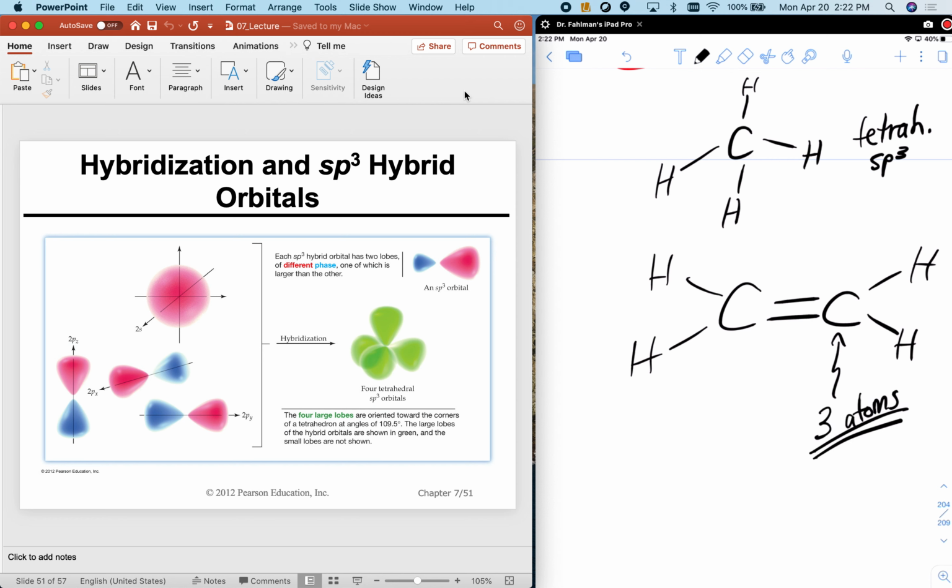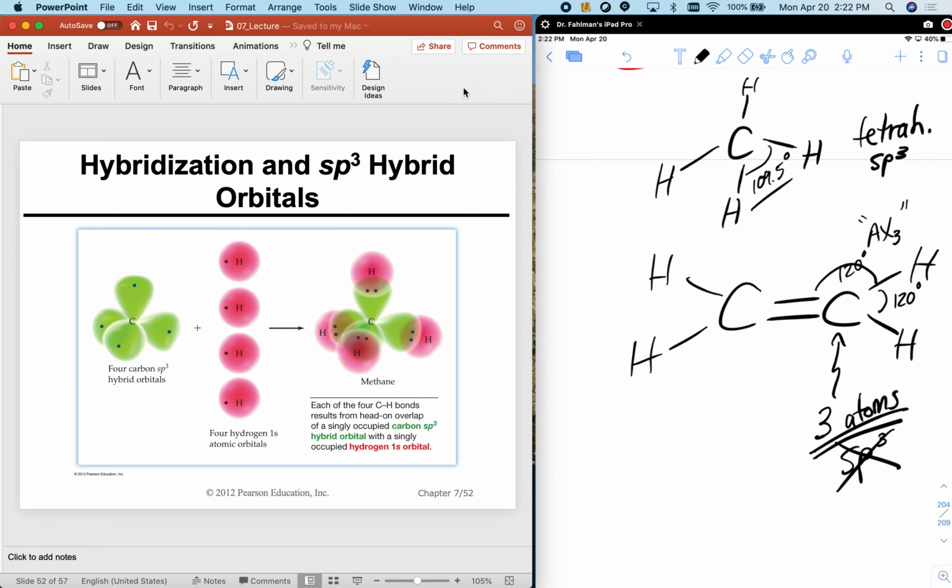In this case, it's not sp3 anymore. It's a different type of hybridized orbital, because now, remember, this is our AX3 type of geometry, so these angles are about 120 degrees instead of 109.5. It's a different shape, so it has to be a different type of overlap.